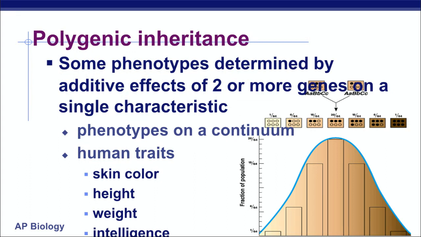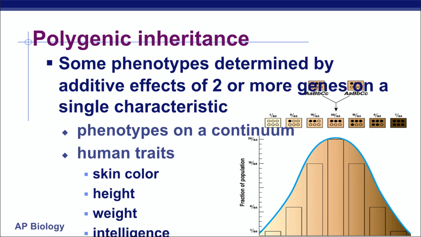We also have polygenic inheritance. And in this case, again, you have more than one allele working towards a phenotype, but they're not both going to be displayed. They add on to one another instead. They affect one another. They're not independently going to show. And so skin color, hair color, these are examples of different traits that are polygenic.